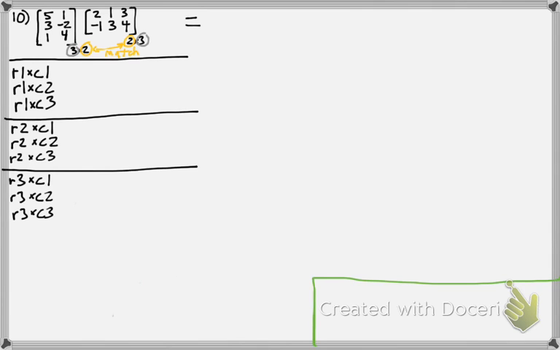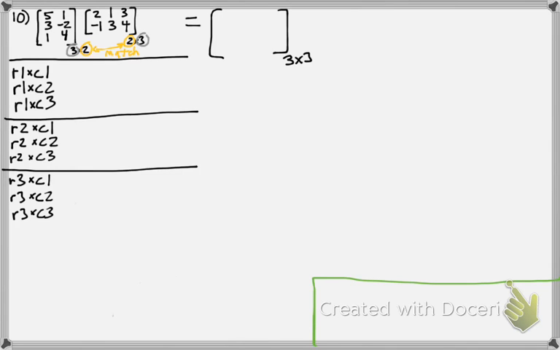So my answer matrix is going to be a 3 by 3, which means I have 9 entries, which means I have these 9 multiplications that I need to worry about.